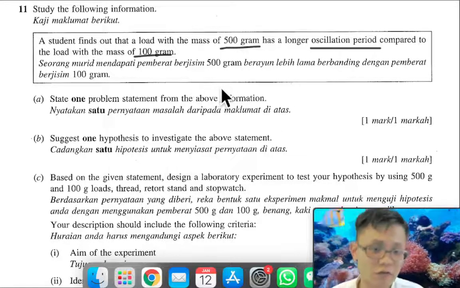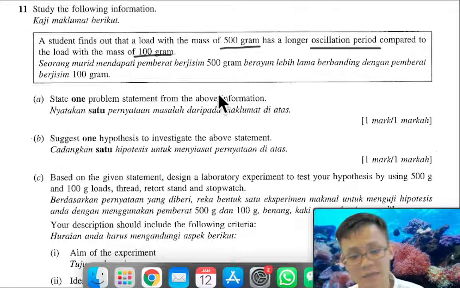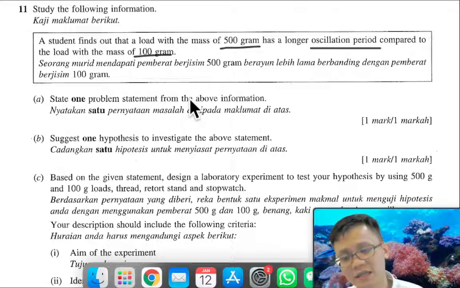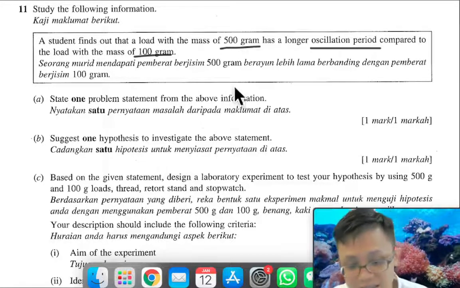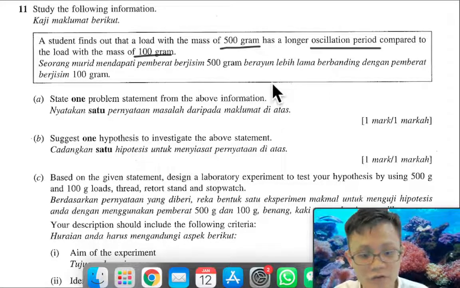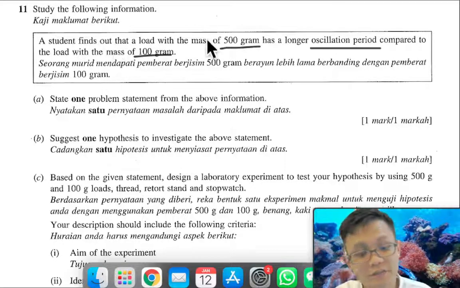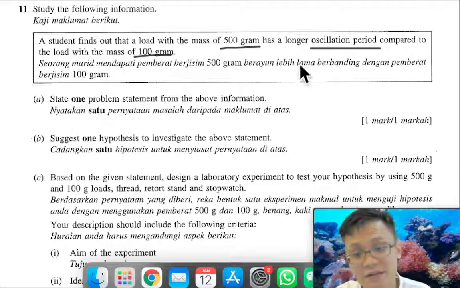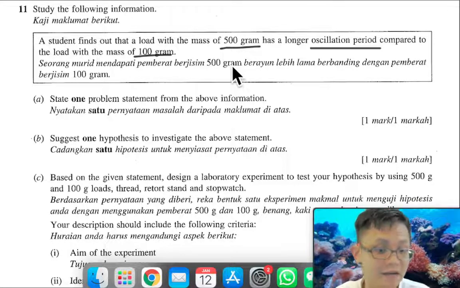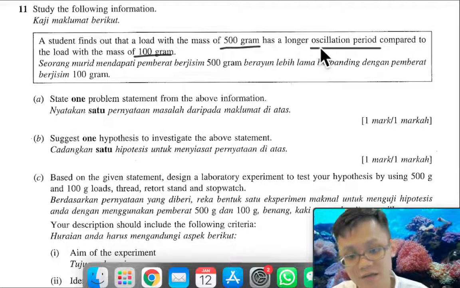But of course we are going to Form 5, so when we go to Form 5, we want to write the answer a bit more comprehensively. For the Malaysian syllabus, usually they just follow the marking scheme. So if the marking scheme writes inertia, then it follows inertia. But I feel it's a bit not fair, because if you remember the Form 1 or Form 3 experiment, usually we start the experiment with a hypothesis: the heavier the pendulum, the more oscillation, or the longer the length of the pendulum, the higher the period.